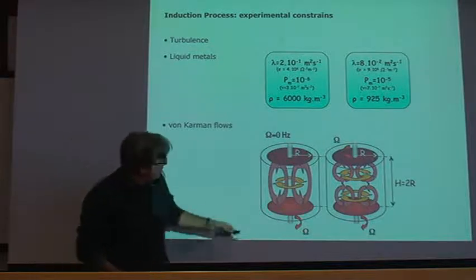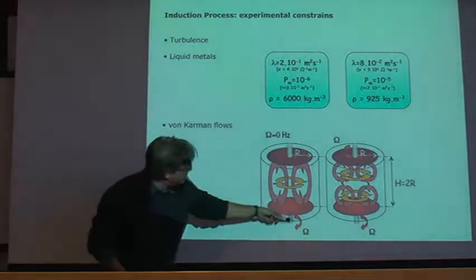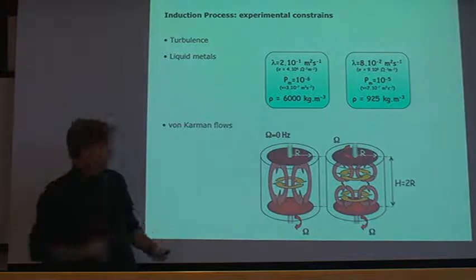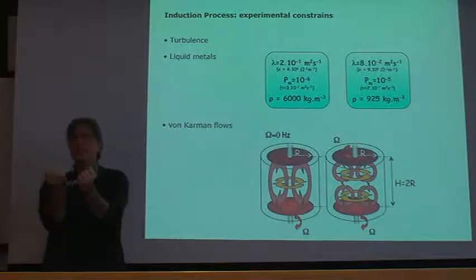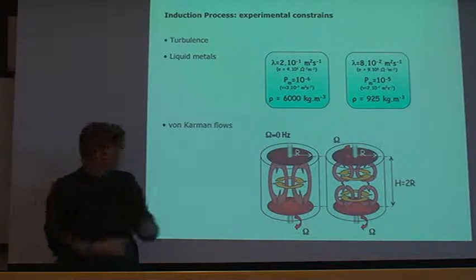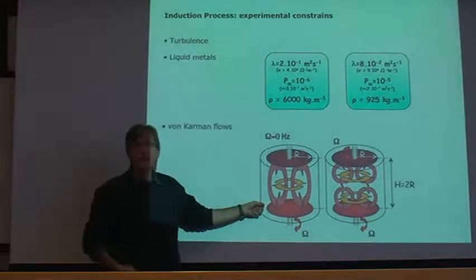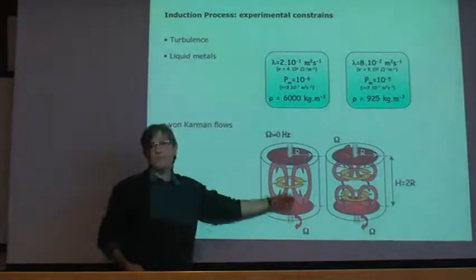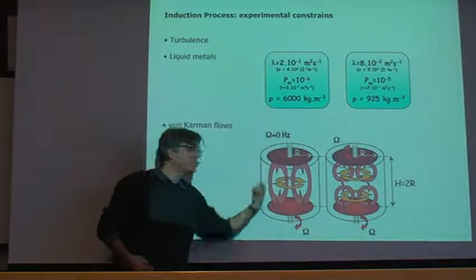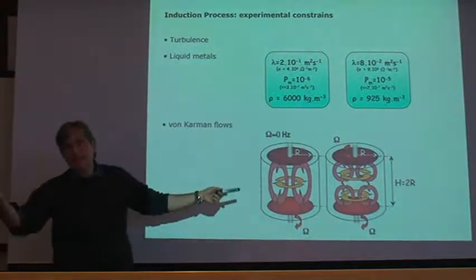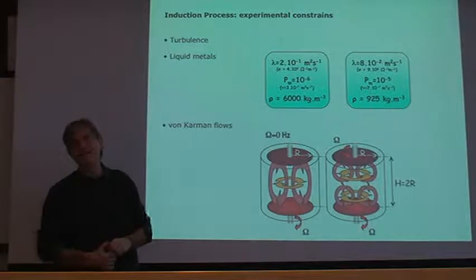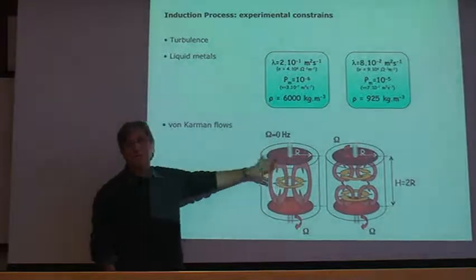And basically, when you only rotate one disc, the disc which is rotating is acting as a centrifugal pump, so it's ejecting fluid on the side. Since it does that, it has to pump fluid in the center, and the whole thing rotates. Okay, so that's the maximum helicity type of flow in the center.